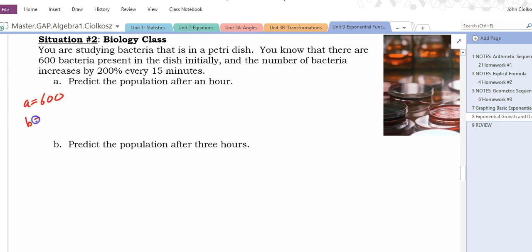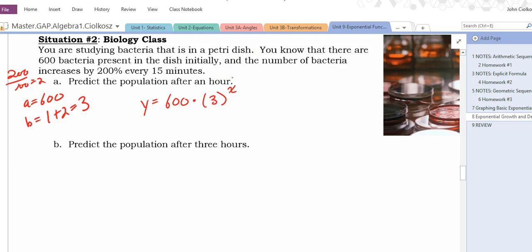For my B, well, 200%, so 200 divided by 100 gives me an R of 2. So it's increasing, so 1 plus 2 is equal to 3. Now I got Y equals, plugging in over here, A is 600 times our base up to the X.